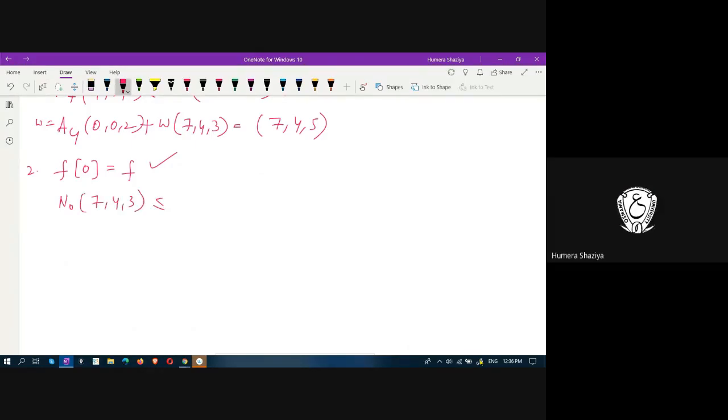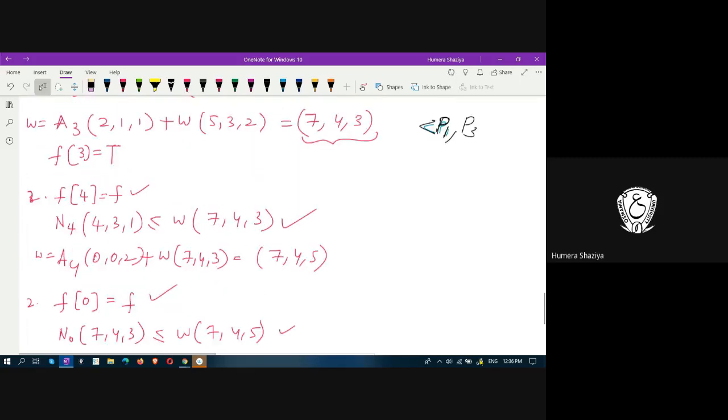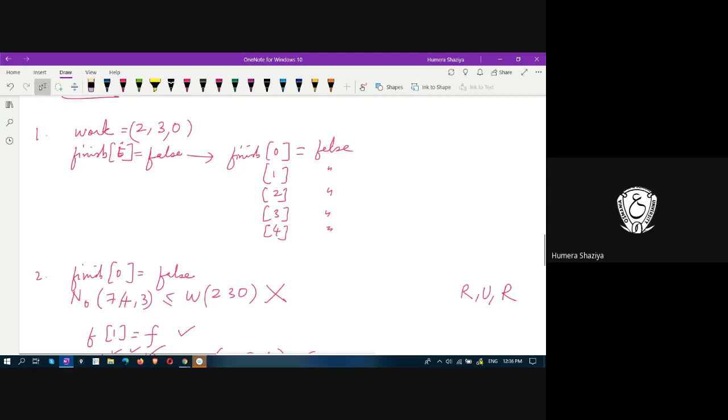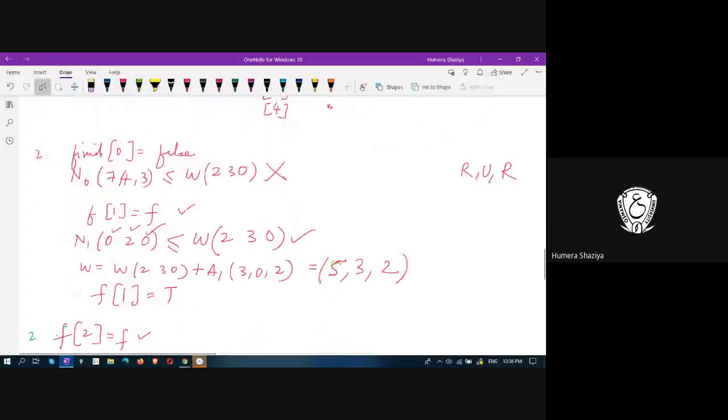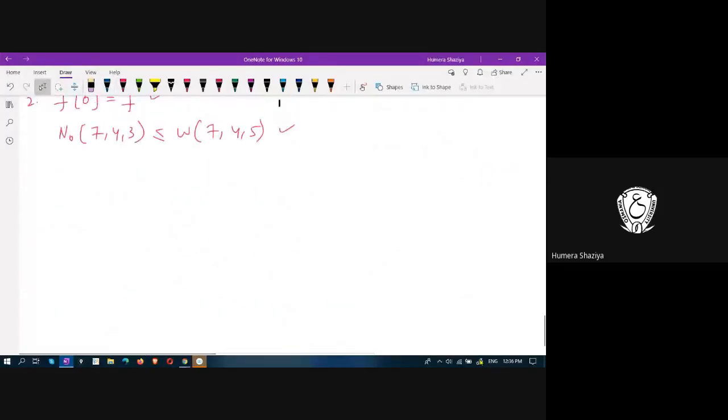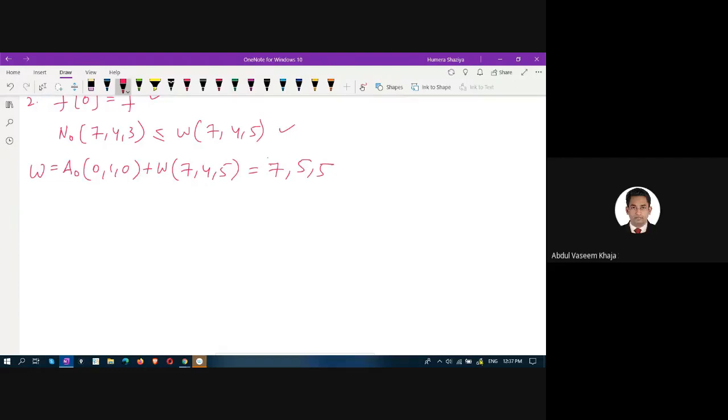Is it less than or equal to work, which is 7 4 5? Yes. Because it is yes, you now add the allocated resources of P0, which is 0 1 0. Allocated 0 1 0 plus work 7 4 5 is equal to 7 5 5. This is now work. Work is 7 5 5.